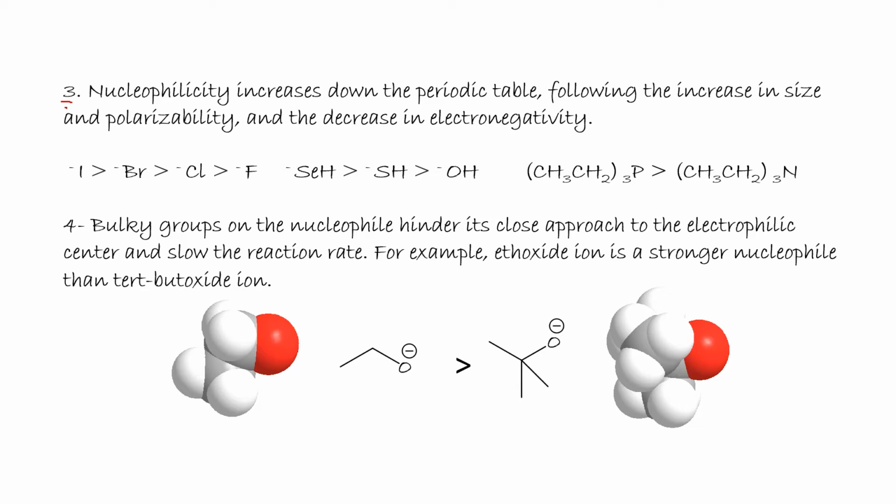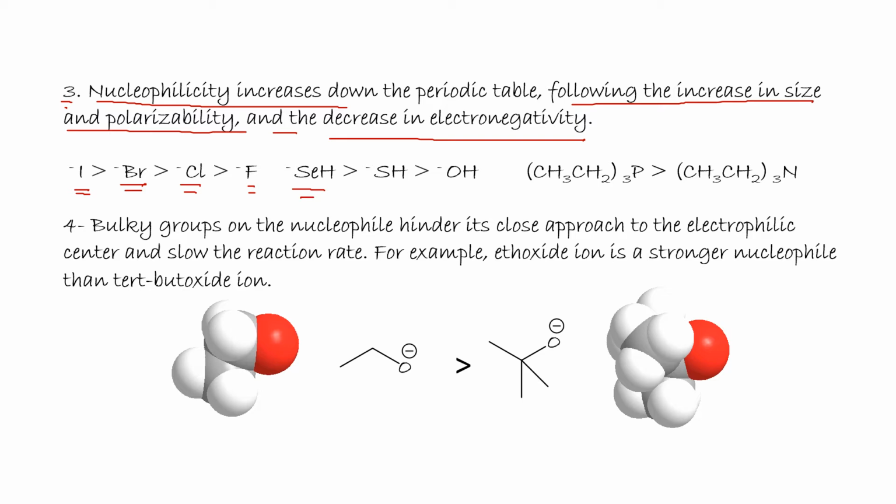Point 3. Nucleophilicity increases down the periodic table following the increase in size and polarizability and the decrease of electronegativity. So iodide is more nucleophilic than bromide, more than chloride, than fluoride.